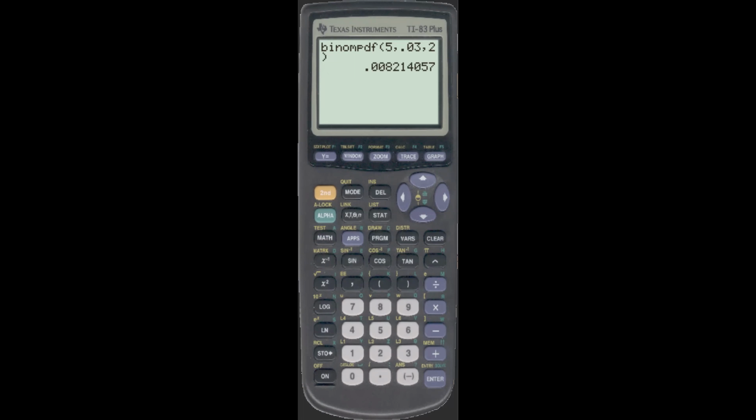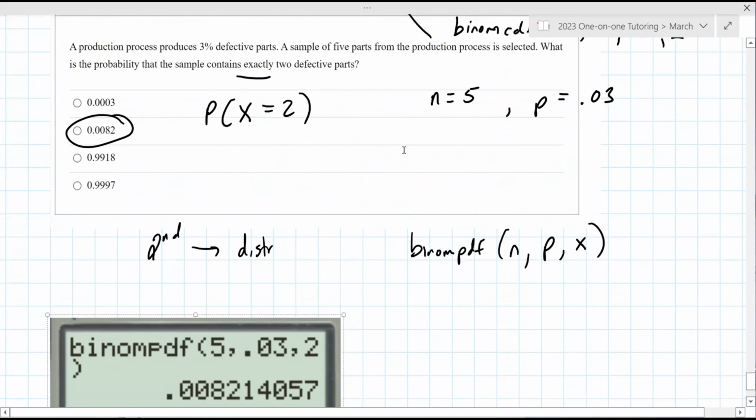Just like I said, you go second distribution, binomPDF, n, p and x. N is 5, P is 0.03, X is 2, and you see that that number is there. You do not want to try and do this by hand. It will not work out very well most of the time.